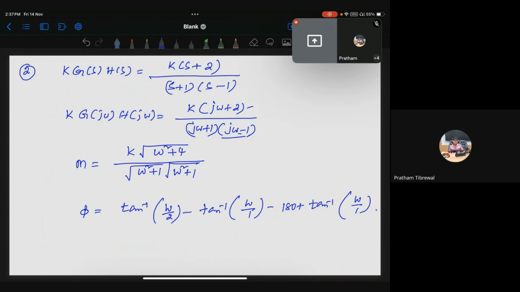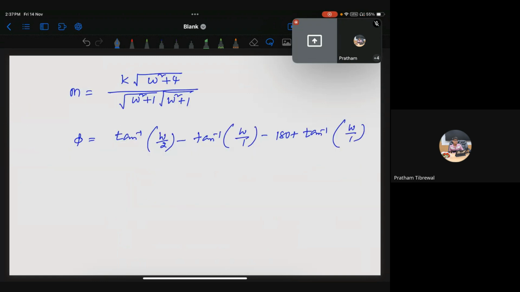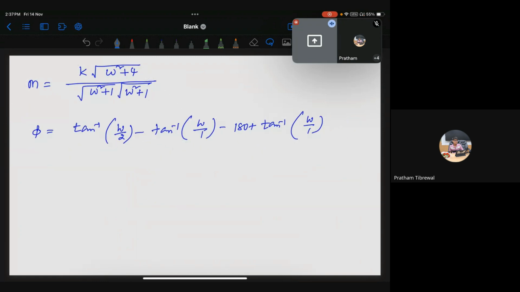So let me copy this and put it here, magnitude and phase angle. Then let's form the table.